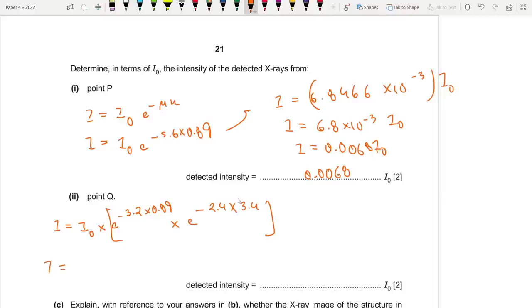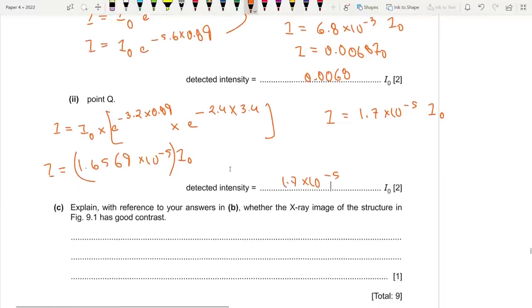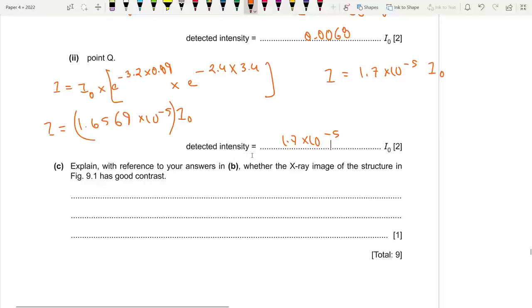That gives me an answer of I is equal to 1.6569 into 10 to the power minus 5 I naught, or that's basically I is equal to 1.7 into 10 to the power minus 5 I naught. Great. Explain with reference to your answer whether the X-rays have good contrast.